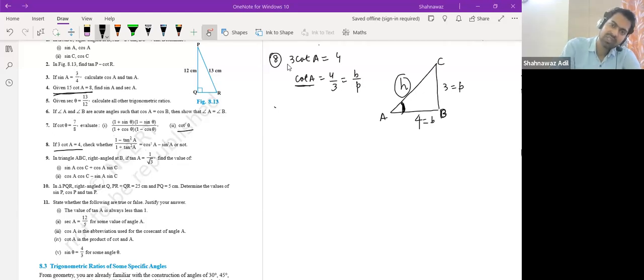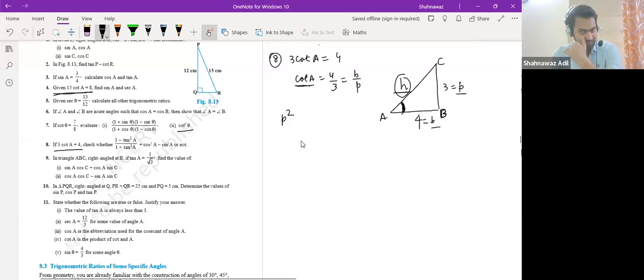So which theorem relates the perpendicular, base and hypotenuse, Amar? The Pythagoras theorem, right? So this is the perpendicular. What is the Pythagoras theorem, Amar? Are you revising, Amar?